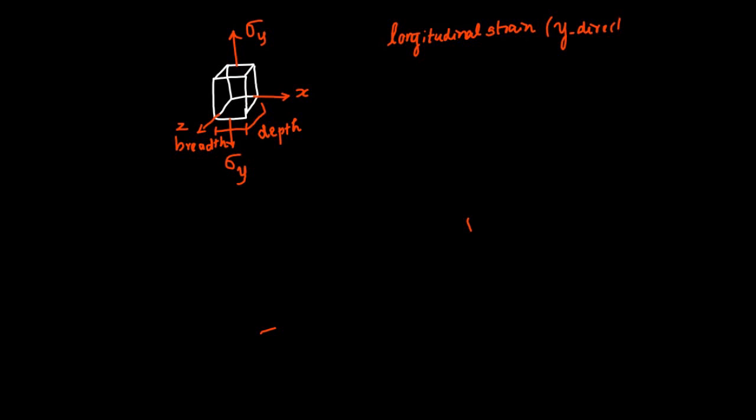And the strain that is acting along the x direction, as well as the strain that is acting along the z direction, we can call that the lateral strain. We call that the lateral strain.